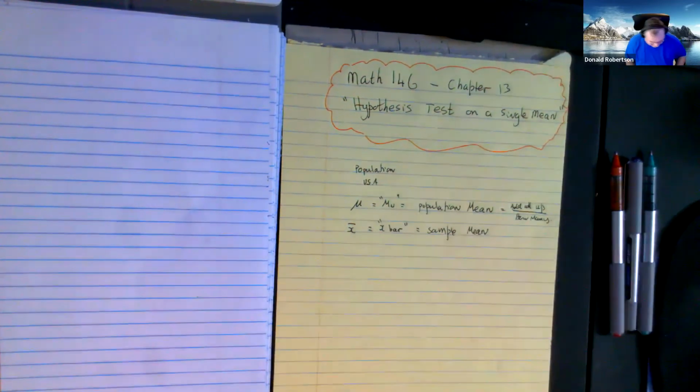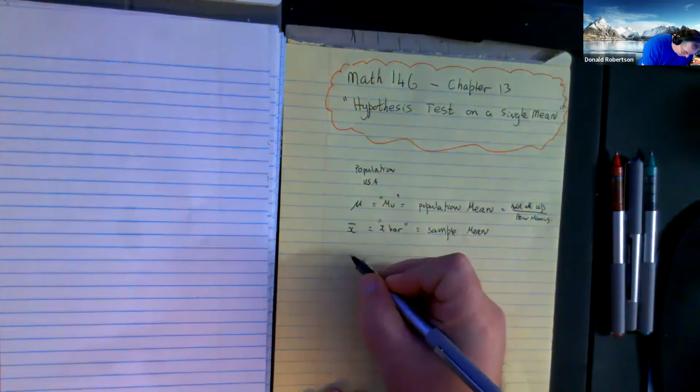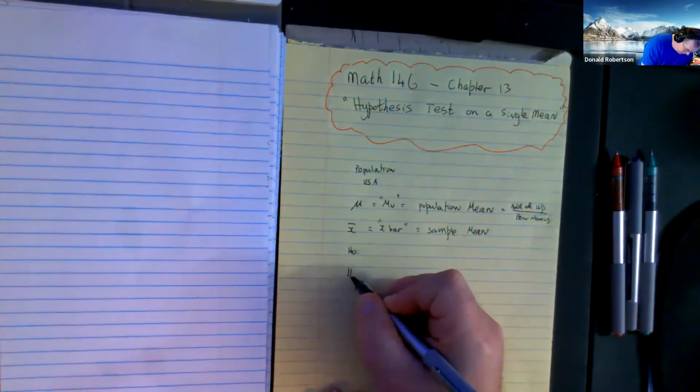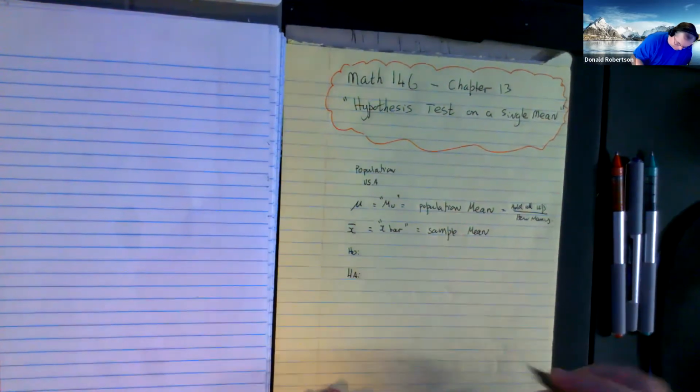In layman terms, right? So let's suppose then that I would like to do a hypothesis test based on the population mean of America. And there's going to be a null hypothesis and an alternate.